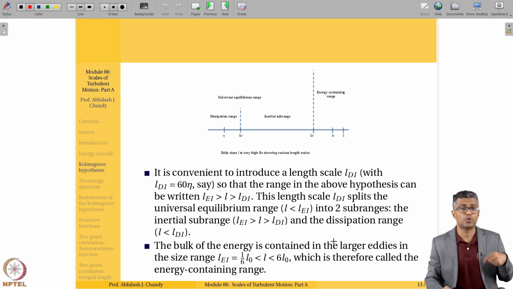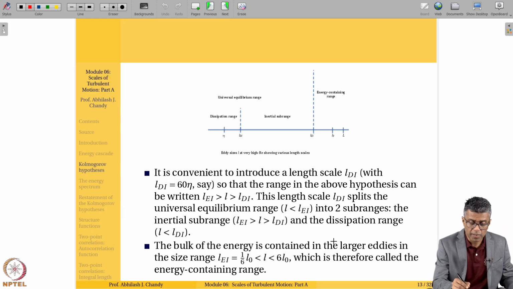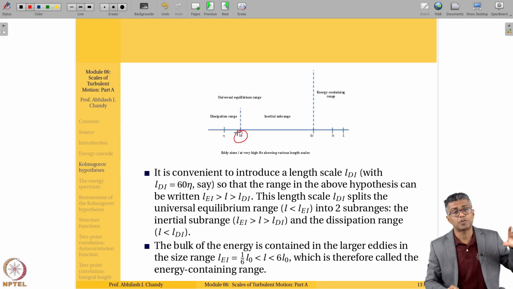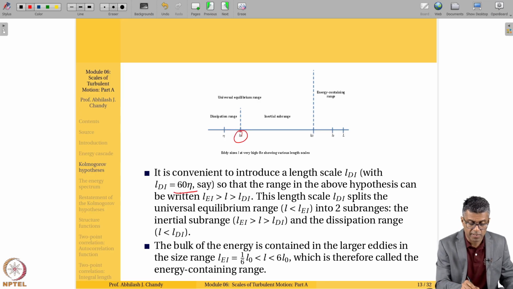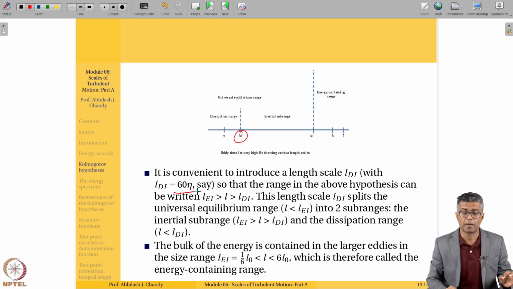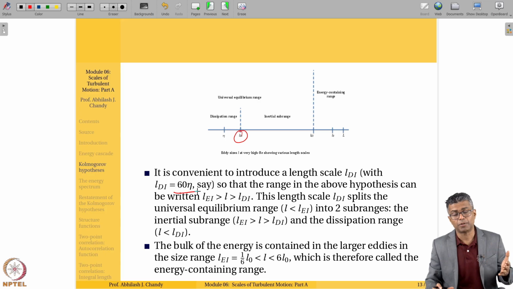This is a consequence of Kolmogorov's third hypothesis. So we are saying there is an LDI that is much greater than eta, let's say it is 60 eta. Where is the number 60 coming from? For now, just consider it to be arbitrary. I'll explain in later modules where this number comes from. It actually will make sense. For now, let's consider it to be 60.